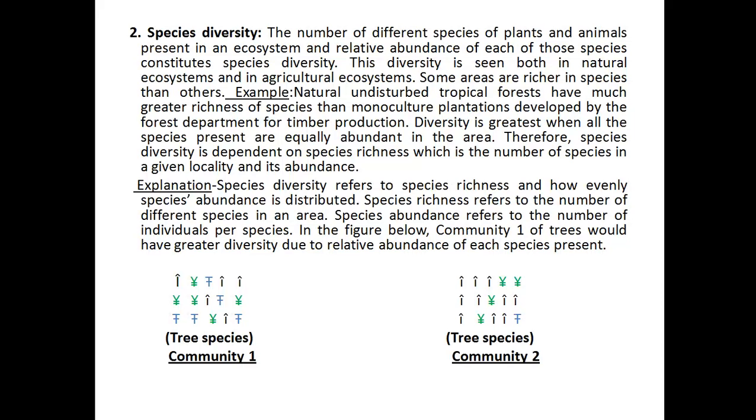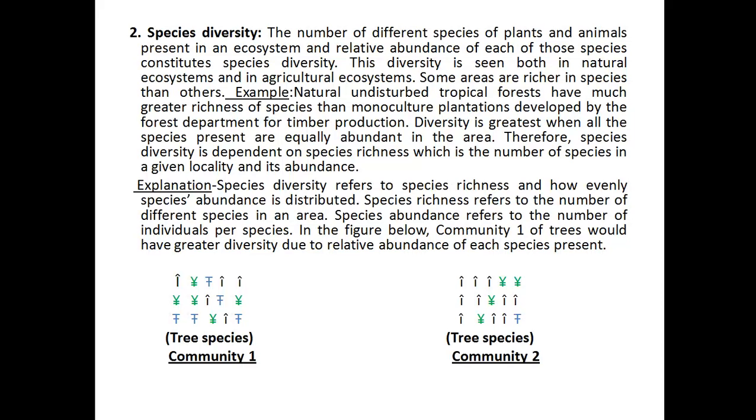Community 1 has got 15 trees and community 2 also has got 15 trees. But if you look at the tree species, you can see that community 1 has got three species of trees. You can see the black, the green and the blue. There are 5 black trees, 5 green trees and 5 blue trees in community 1.